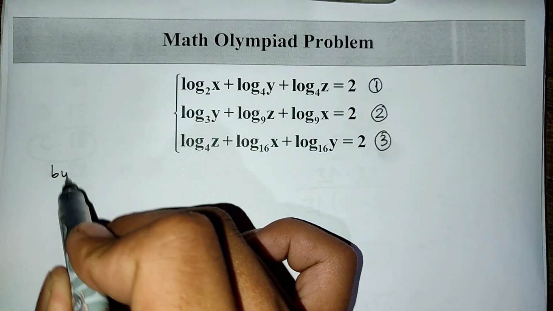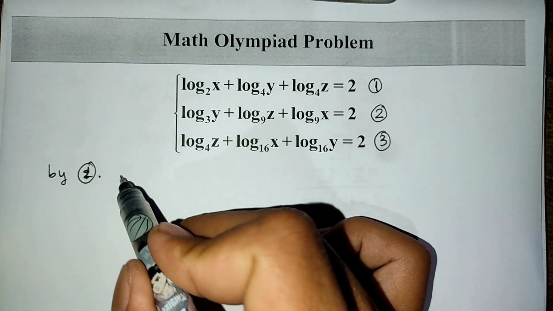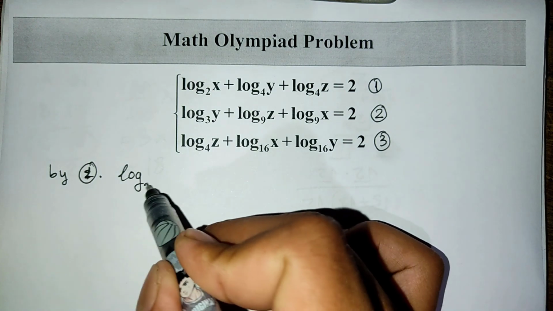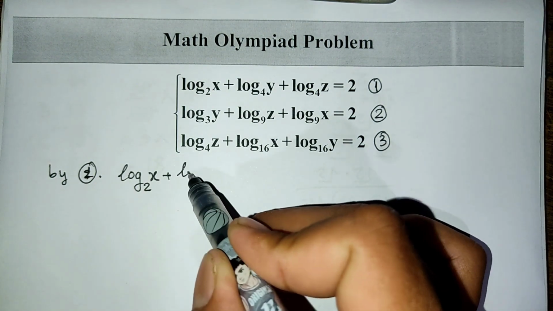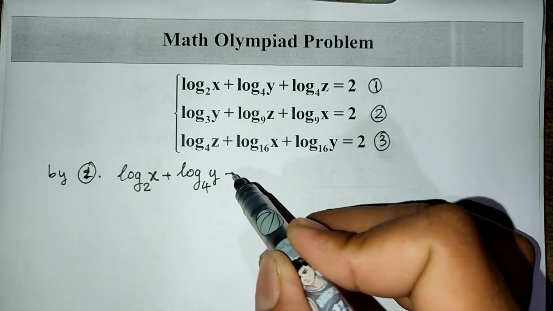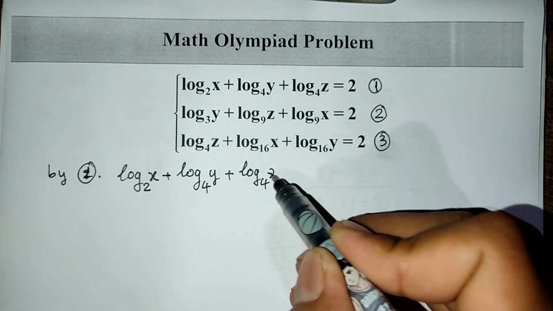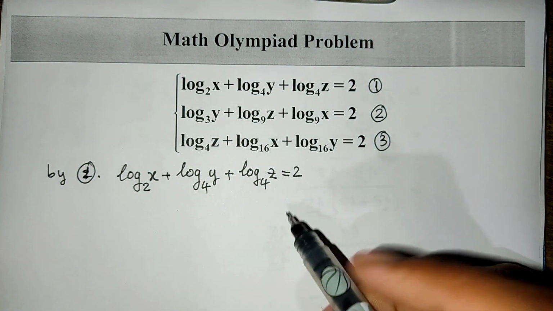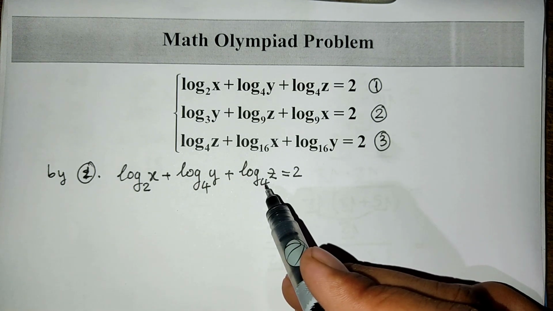By the first equation, log base 2 of x plus log base 4 of y plus log base 4 of z equals 2. Here the bases are 2, 4, and 4.